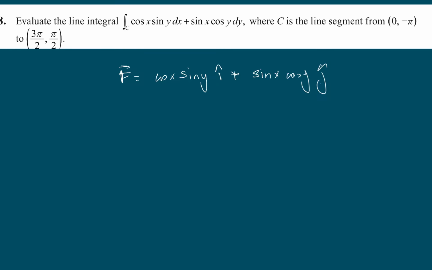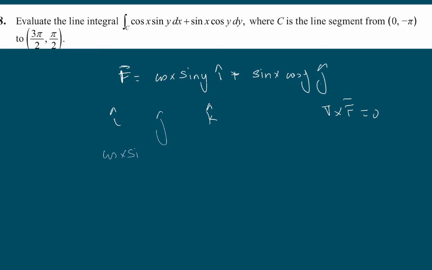So we can do it directly, or we can use the theorem for line integrals, but we need to be sure that this vector field is conservative. So we need to be sure that the curl of F is 0. So how will we be sure?